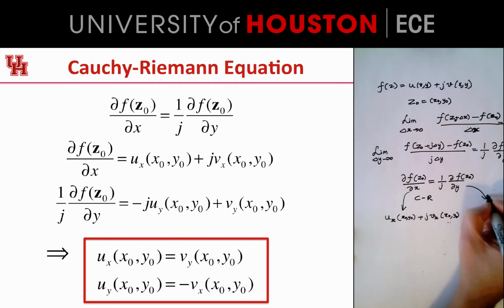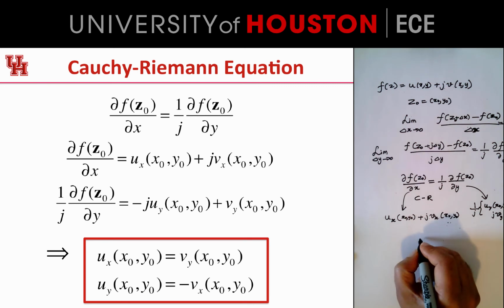And this can be written as 1 over j times u y, in other words, u differentiated with respect to y alone at the point x naught, y naught, plus j v differentiated with respect to y at the point x naught, y naught.